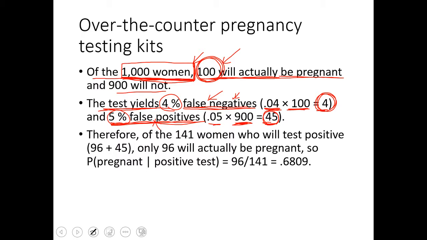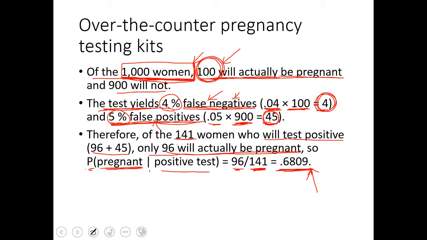Therefore, 141 women will test positive, and 96 will actually be pregnant. So the probability that pregnant given positive test is 96 over 141, so 68.909%.